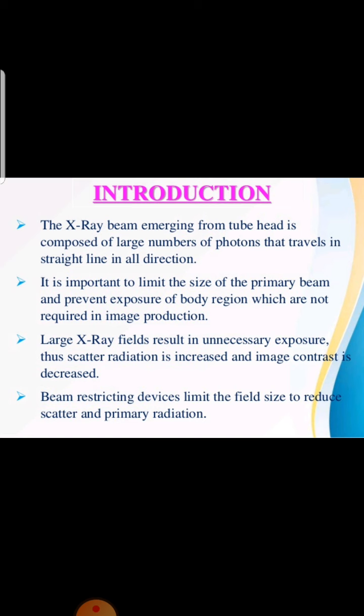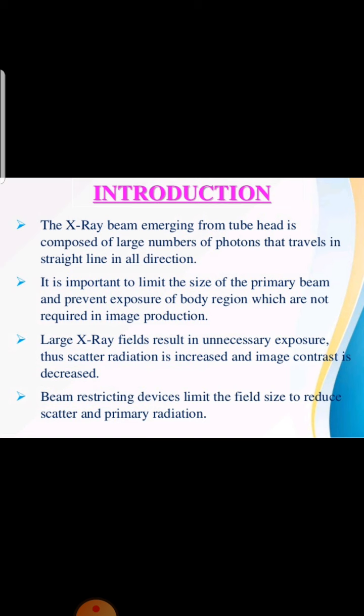So it will only provide the extra radiation dose to the patient, and will also degrade the image quality. So we restrict the beam by using the beam restricting devices, and we also do it through collimation, and that is more applicable in diagnostic radiology nowadays.